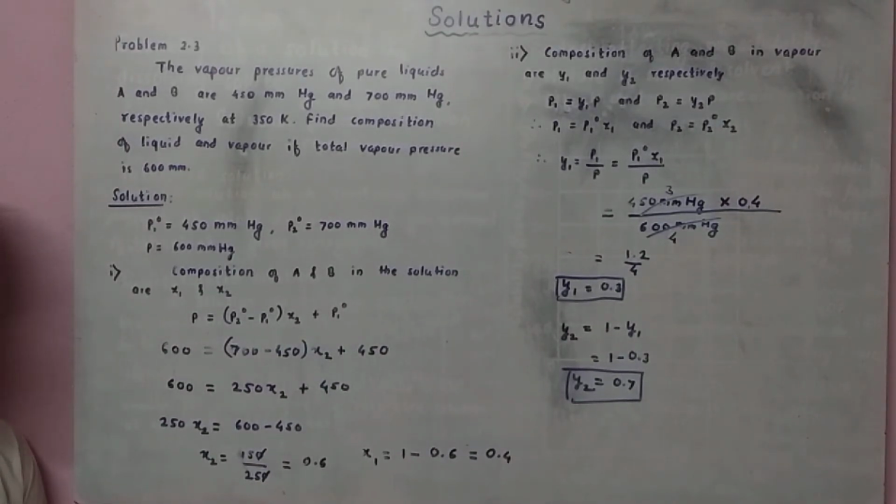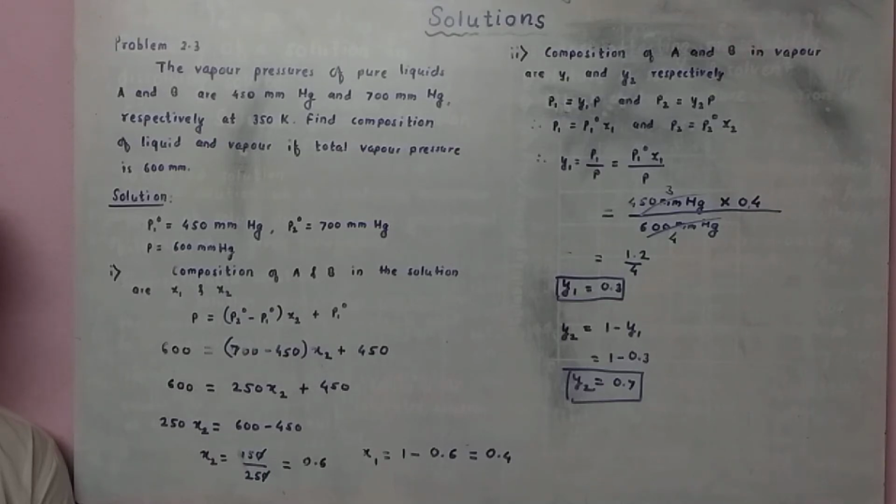Then there is no volume change when two components forming an ideal solution are mixed. Thus, the volume of an ideal solution is equal to the sum of the volumes of the components, therefore delta V mixing equal to 0.